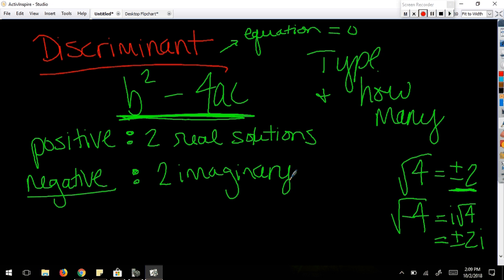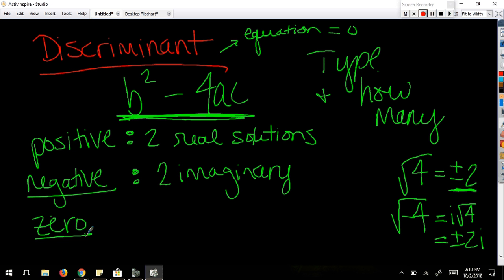So one other scenario, I know you think that's it. If a number is not positive and not negative, what else could it be? 0. Equation equals 0.